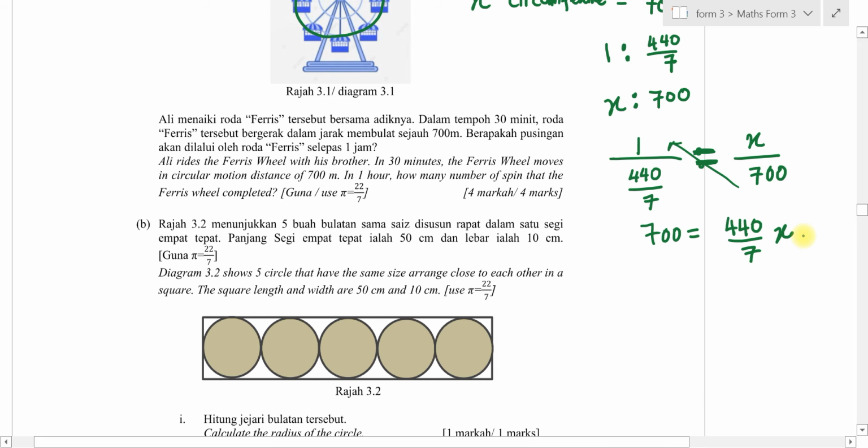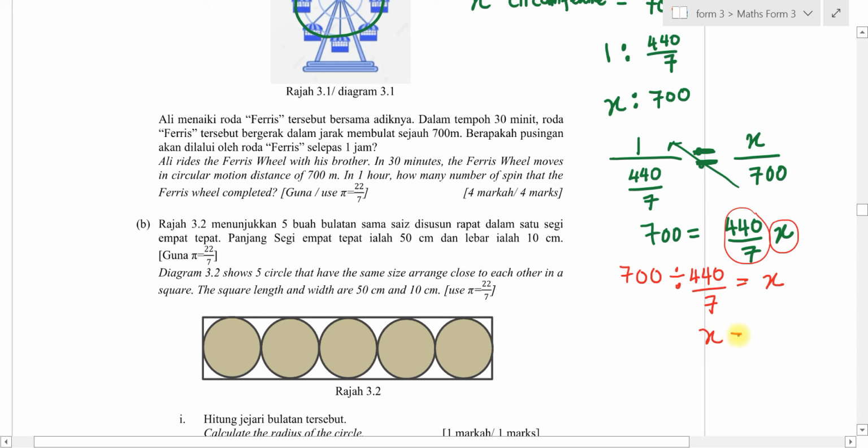You must solve it very slowly. Not slowly, I mean carefully. Okay. So 440 over 7, kat sebelah dia x maksudnya darab. Jadi datang sini dia bahagi.